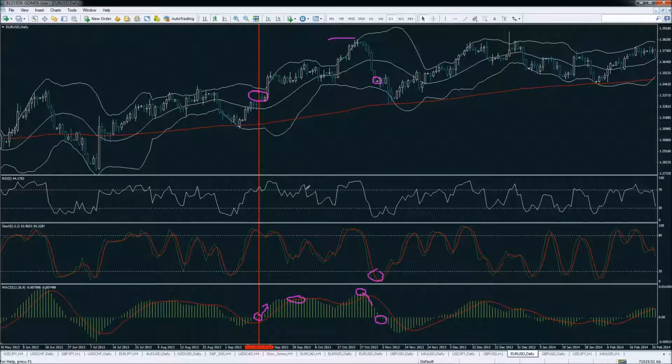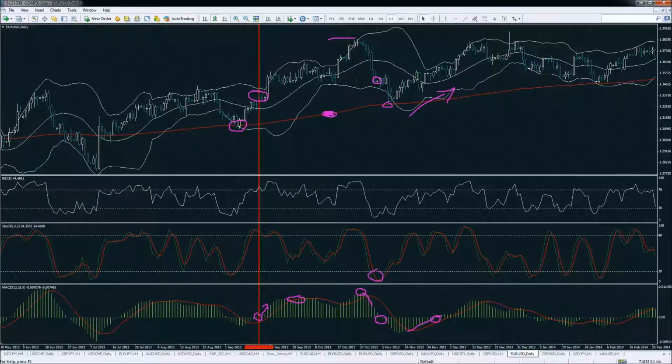And another thing we should remember is the huge importance of the 200 exponential. You can see how many times it bounces off of it and, without changing any direction, it continues to the upside in this case, reversing the signal of the MACD to the upside one more time.